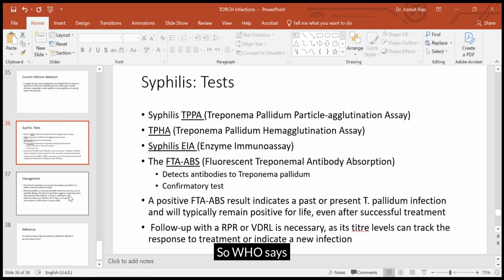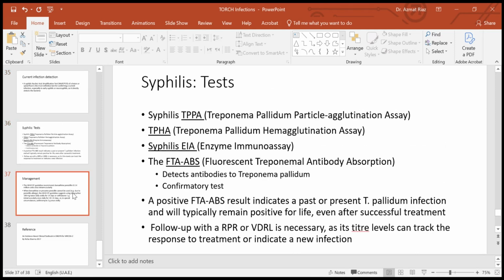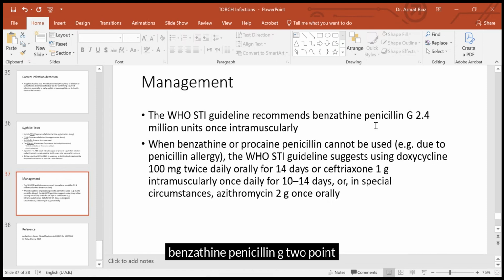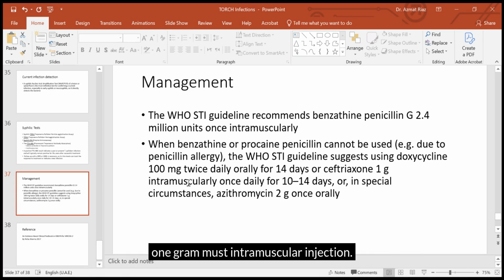The WHO STI guideline recommends benzathine penicillin G 2.4 million units once intramuscularly. When benzathine or procaine penicillin cannot be used due to penicillin allergy, then WHO says to use either doxycycline for at least 14 days, or ceftriaxone, which is a cephalosporin, 1 gram intramuscular injection.